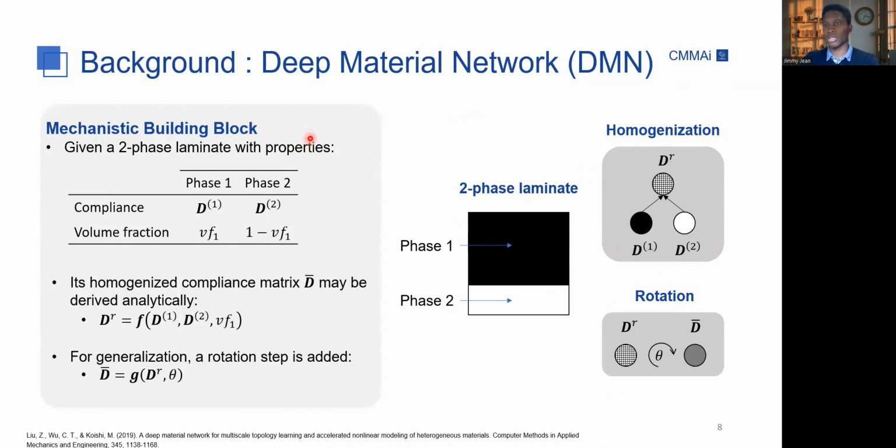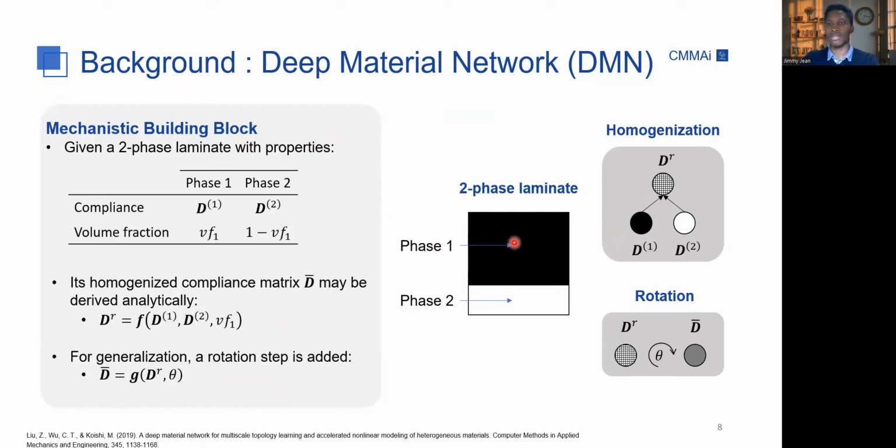And before introducing our work, I will first introduce the deep material network, which is a surrogate model which has been introduced in 2019 by Liu et al. This surrogate model relies on laminate theory. And its building block is this one shown here.